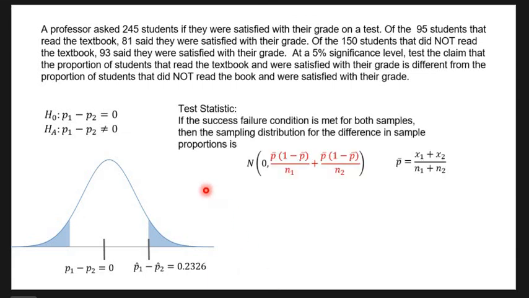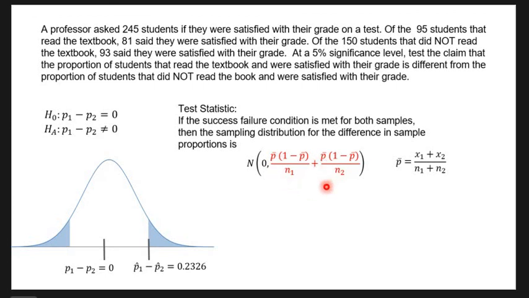It turns out that this sample statistic has a test statistic that is normally distributed with a mean of 0, because that's what the null value is, and a variance equal to this red bit here: the pooled sample proportion times its complement over N1, plus the pooled sample proportion times its complement over N2.